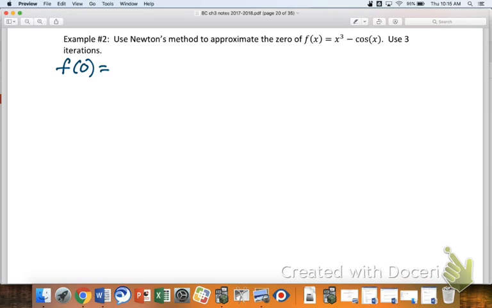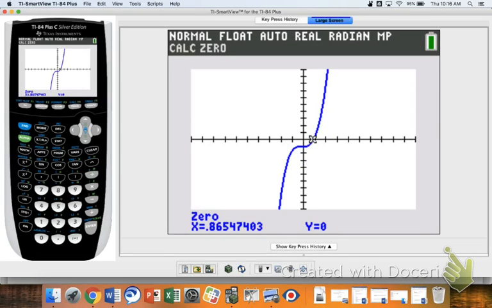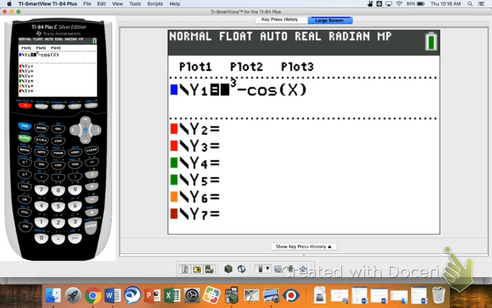You know what, I'm going to change something here a little bit. Hang on. So what would f of 0 equal? -1. Agreed. Sorry, I'm going to use my calculator here. Okay, there we go.